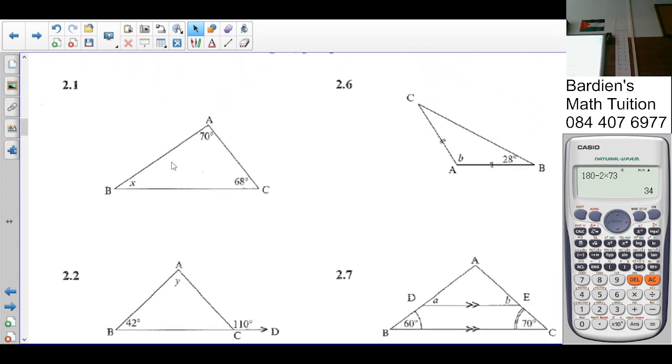So 2.1 till 2.10 for tomorrow. So the study and master textbook. Please, when you do the sums, you need to draw the diagram. Okay. That's why I'm only giving you 10 sums.